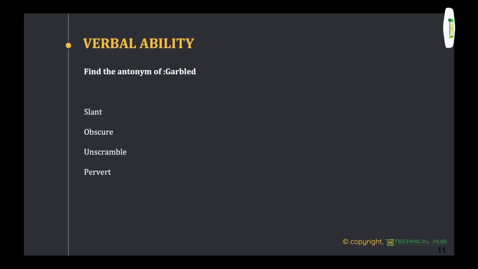Or sir, my glasses are broken, we say. Sir, my glasses are garbled, sir. Correct? We say that. Now, what is the antonym of it? Anybody?